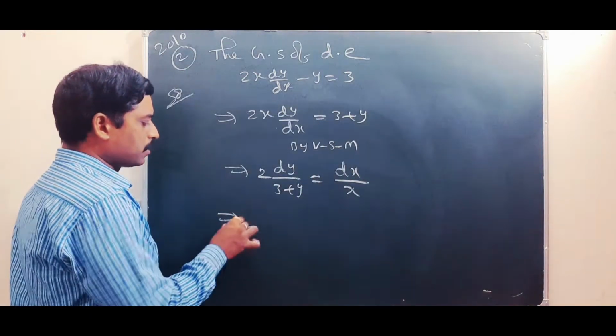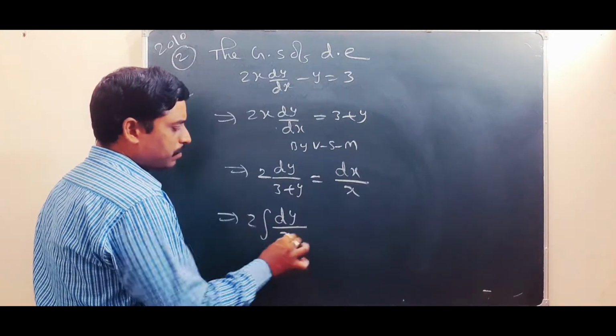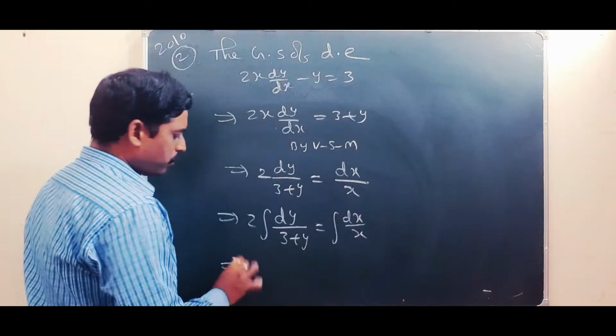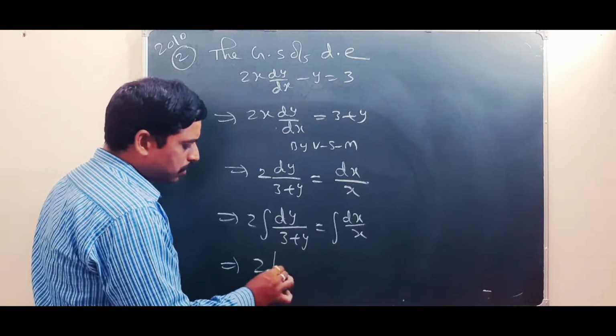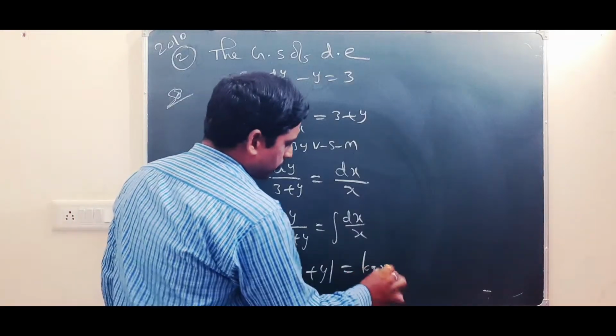Now taking integration on both sides, 2 times the integral of dy/(3 + y) is equal to the integral of dx/x. It will be 2 times, by this formula, log(3 + y) is equal to log x plus c. So this is the answer.